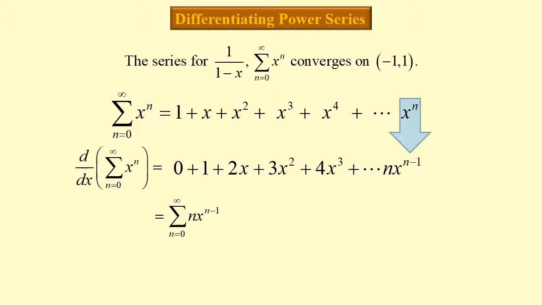Now that comes out to be the generic version, n x to the n minus 1. So basically what we're saying is when you do the derivative on a power series, you just use the power rule on the thing inside the summation.